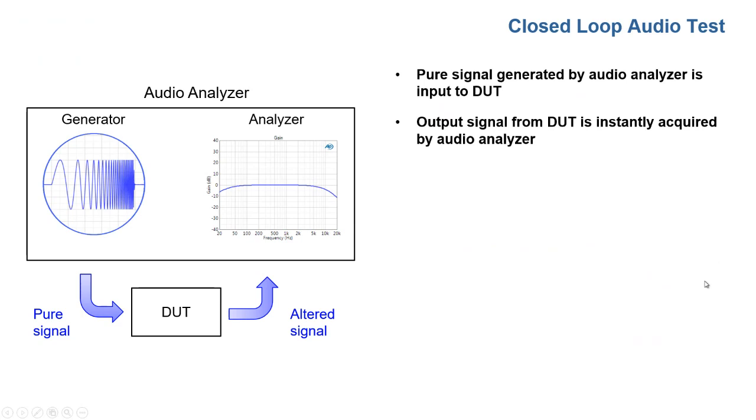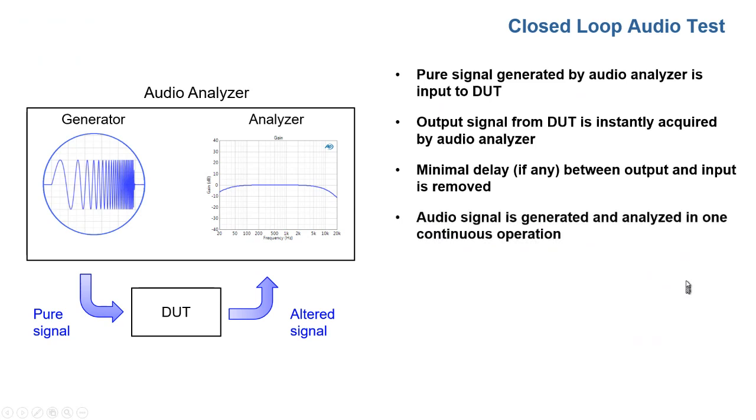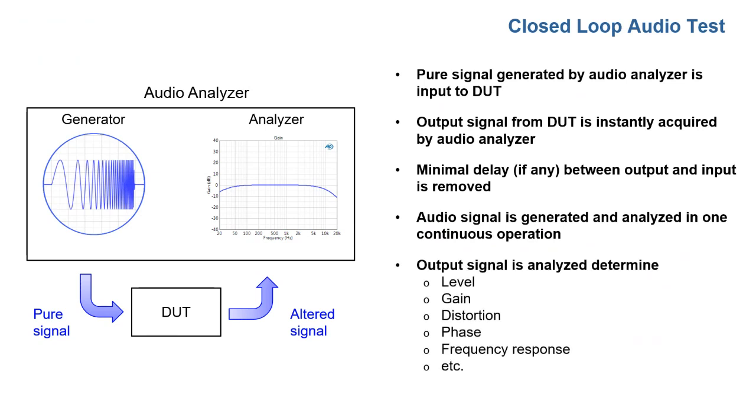The output signal from the DUT is instantly acquired by the audio analyzer. If there's any delay, it's usually quite minimal, and that delay between the input and the output is removed. The audio signal is generated and analyzed in one continuous operation. Then the output signal is analyzed to determine audio quality metrics such as level, gain, distortion, phase, frequency response, and so on.